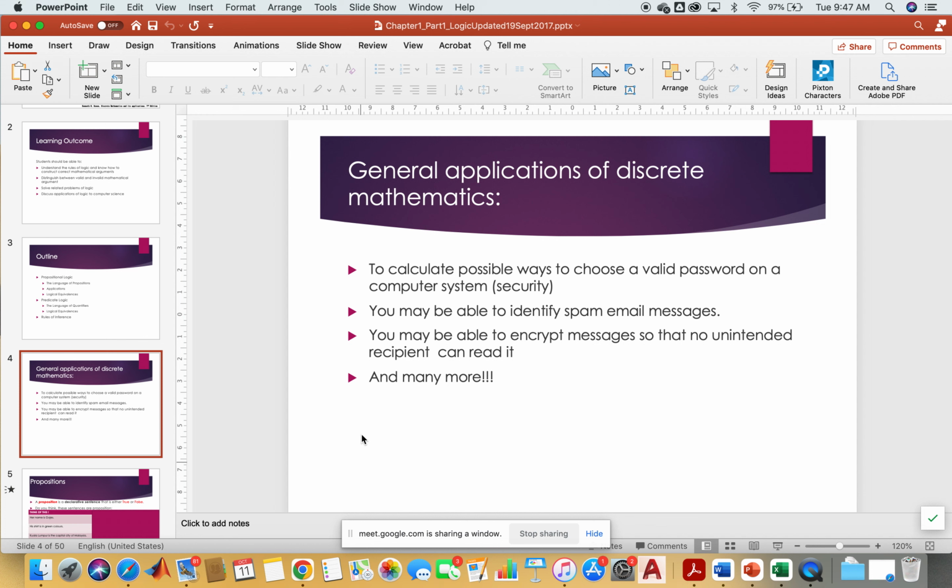If you notice in Gmail, they have a spam part. So how do they identify that? They are basically using this discrete knowledge. They have their own algorithms, but the knowledge comes from discrete knowledge. You may be able to encrypt messages so that no unintended recipient can read them. And many more, a lot. Later we will go through.